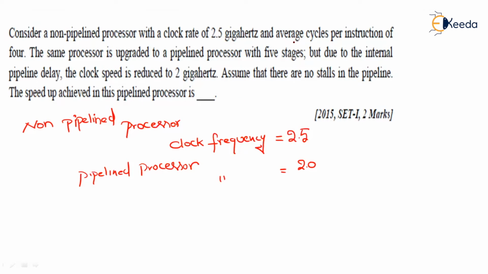Here, average cycles per instruction of 4. In a non-pipeline processor, one instruction takes 4 clock cycles.